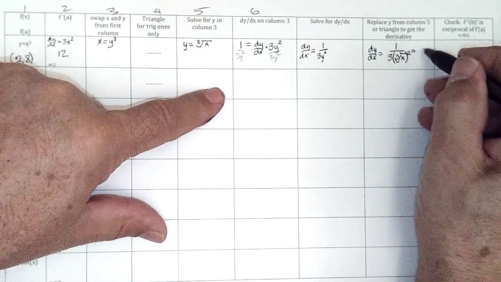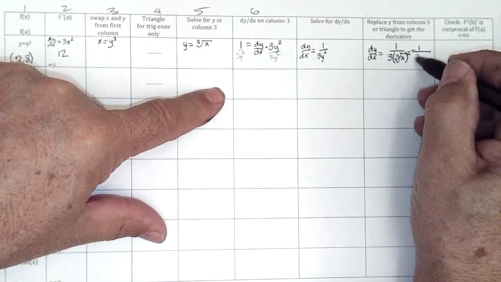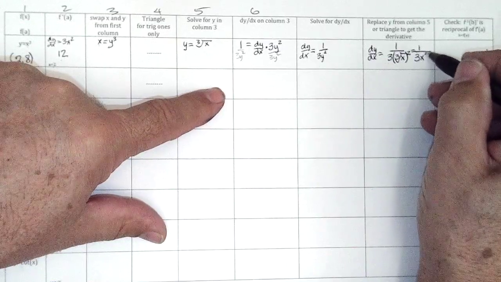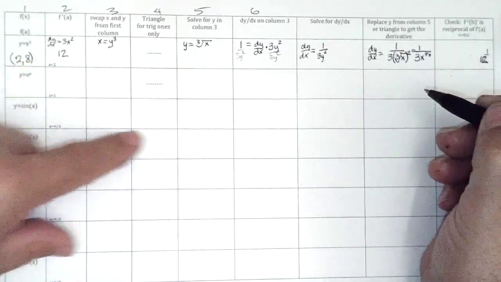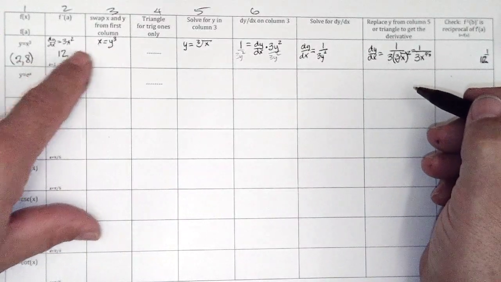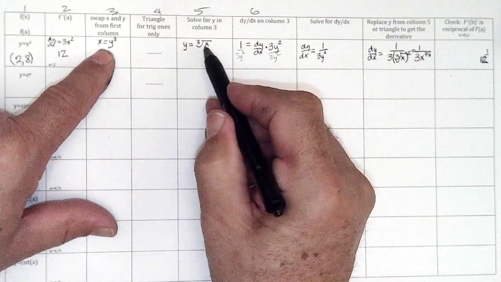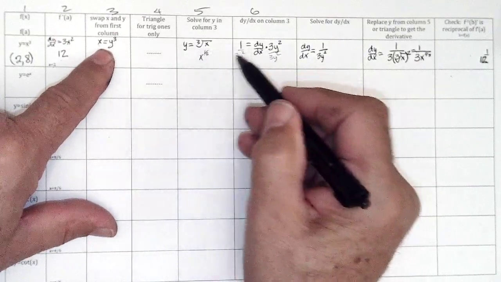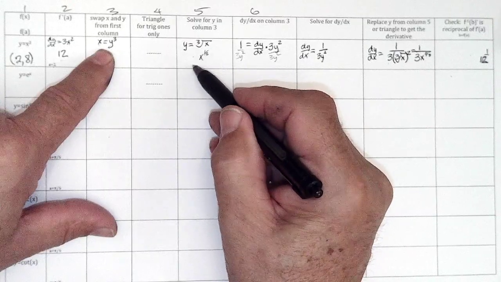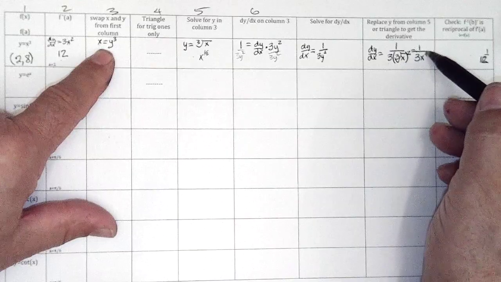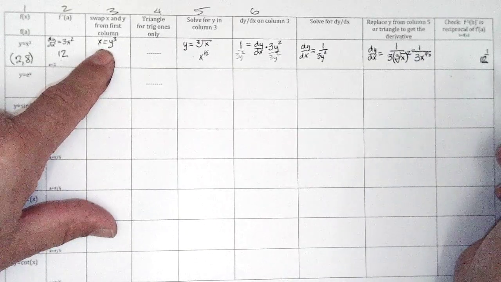Which is also 1 over 3 x to the 2/3. Which is what we would have gotten if we'd taken the derivative of the original one. This one here, that's x to the 1/3, so its derivative would be 1/3 x to the negative 2/3, which puts x to the 2/3 in the denominator.